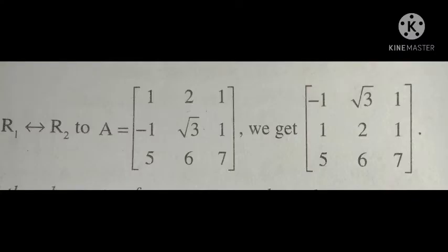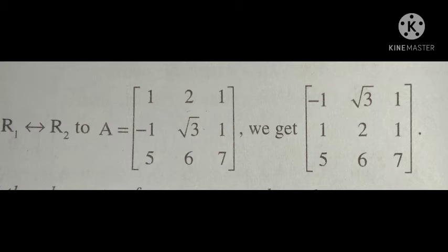Let's see this example. We have a matrix A equal to the matrix 1, 2, 1, minus 1, root 3, 1, 5, 6, 7. This is a 3 by 3 matrix. Now look at R1 and R2, the first row and second row. Here I am going to interchange these two rows. R1 is interchanged with R2. See the arrow mark, read it as R1 is interchanged with R2.